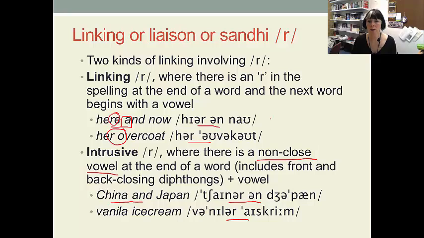So non-close vowels include schwa, they include any of the centering diphthongs, so ear, air, and ua, not that that one occurs very often, but they don't include things like oo or e or I or o, none of those kinds of things. So they only happen where we have a non-close vowel, and we can see here that in "China" and "vanilla" both of these end with a schwa sound, so that's a likely place for me to have an intrusive R, but I don't have to do it. These are optional processes.